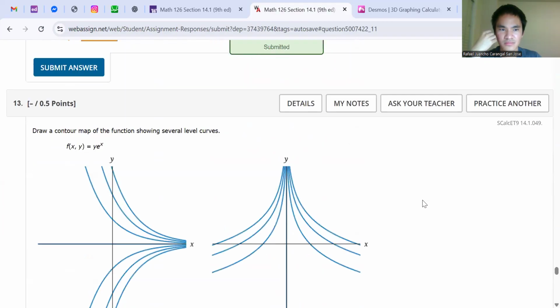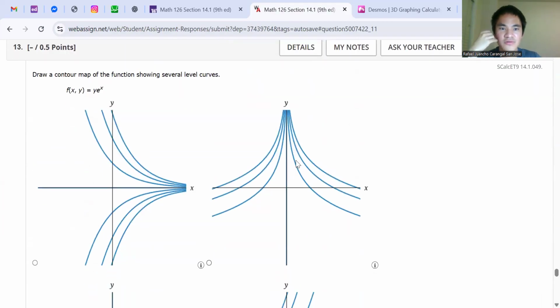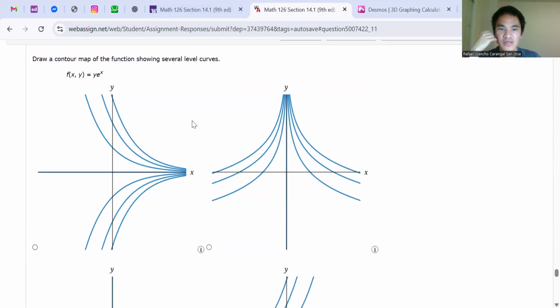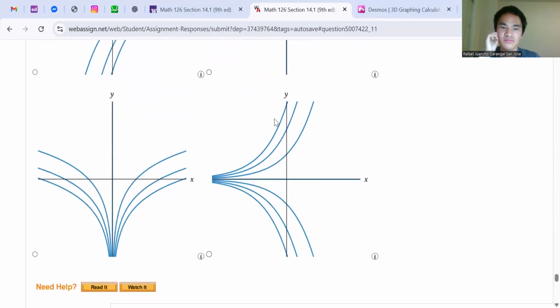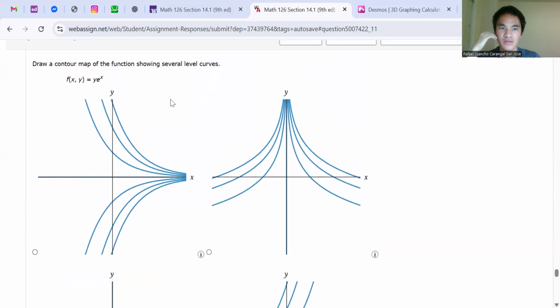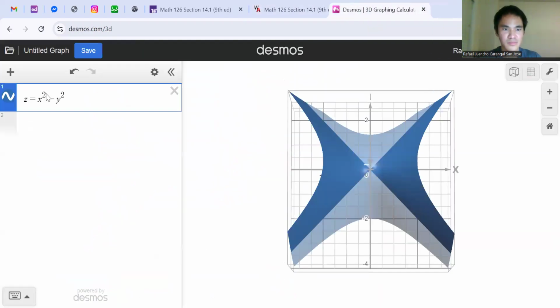Done. And again, draw a contour map. So it's really just a visual. y e to the x. What's this? It's an exponential, but I don't know where it's heading. If this was some k value, what would it look like? Trying to think.